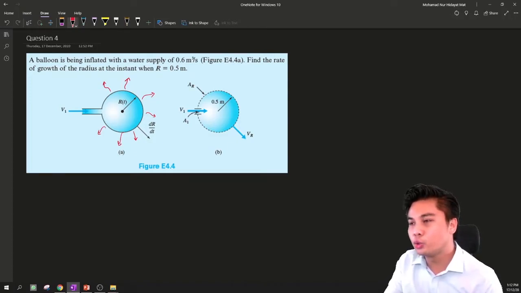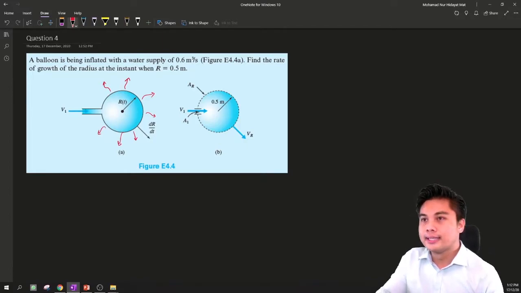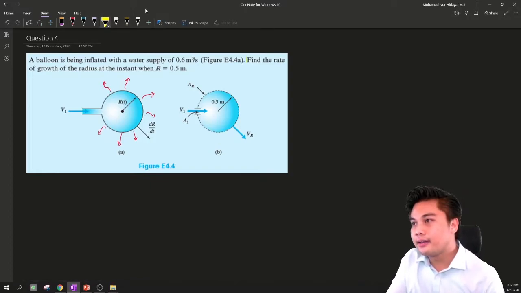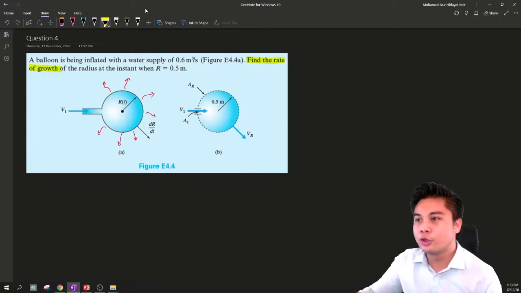So we need to draw the control volume. Alright, so first we need to analyze what the question asks. Find the rate of growth at the instant when the R equals 0.5.